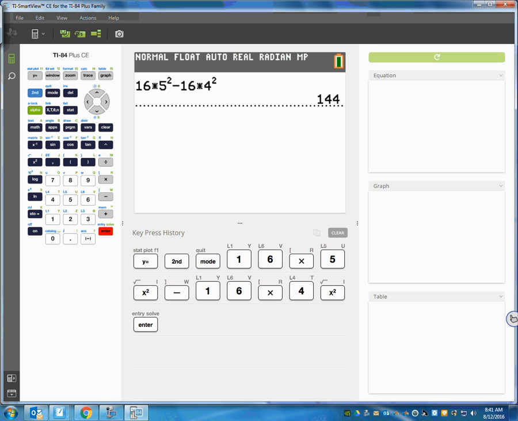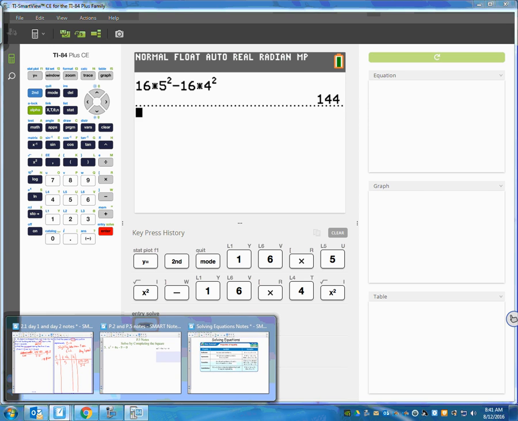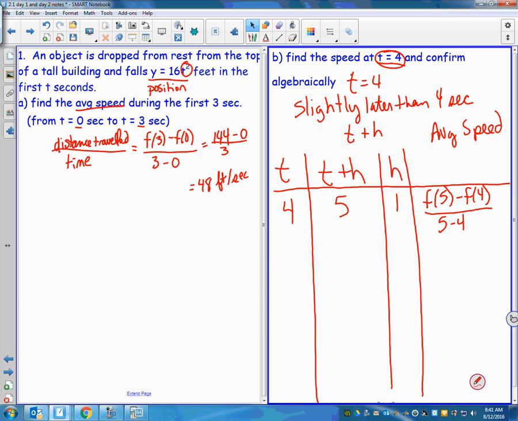So when I divide by 1, I'm just going to get 144. So this is 144 feet per second.